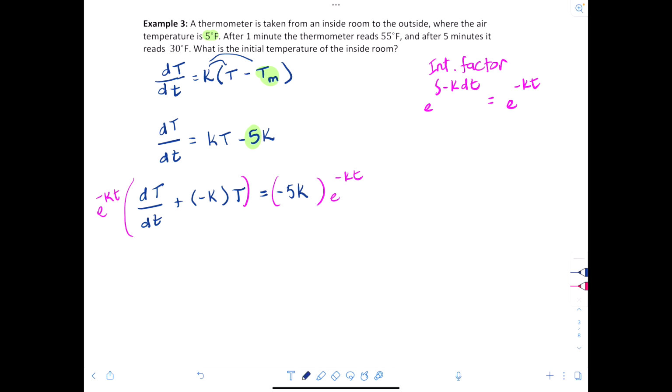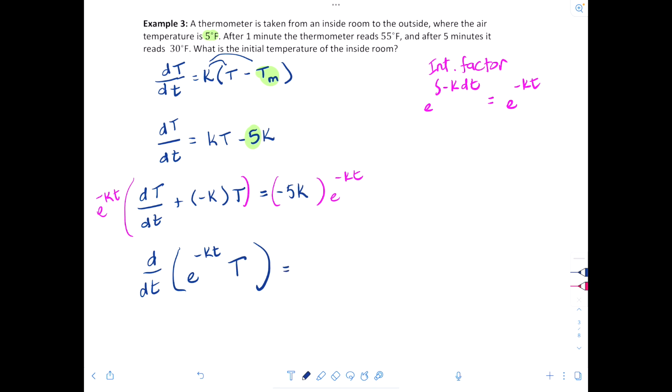And we'll have d/dt of e to the negative kt times T. Again, if you look at differentiating what's inside the parentheses I just put in, you would get the same thing that you see when you multiply that e to the negative kt through on the left.